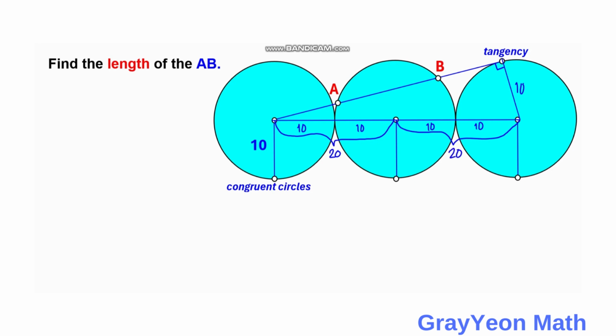Next, we draw a line from the center of the second circle that will be perpendicular to the segment AB. If this is perpendicular to AB, then of course it will be parallel to the radius of this third circle, the one we labeled 10.